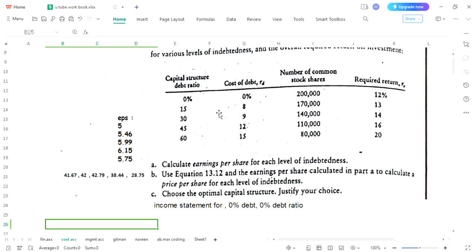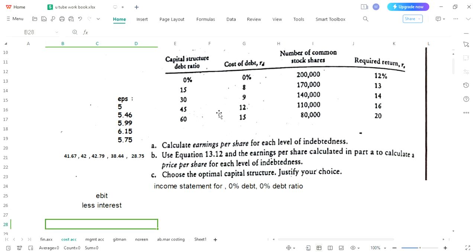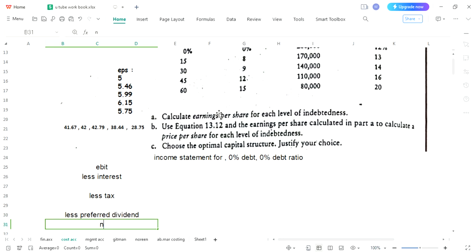As you know, our income statement starts with EBIT. If we don't have fixed cost and variable cost, then you will subtract your amount of interest, after which you will subtract your tax, then you will subtract your preferred dividend. By subtracting preferred dividend, we will get our net earning, or earning available for shareholders.